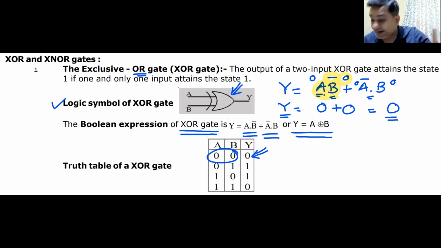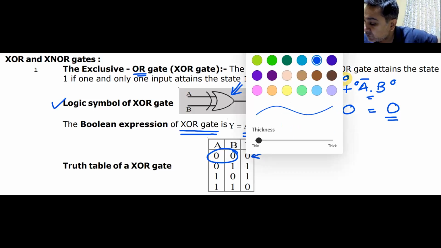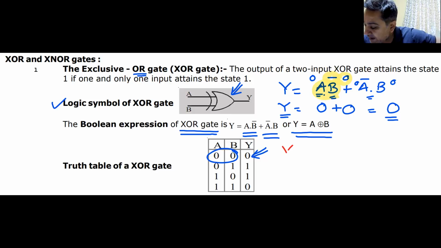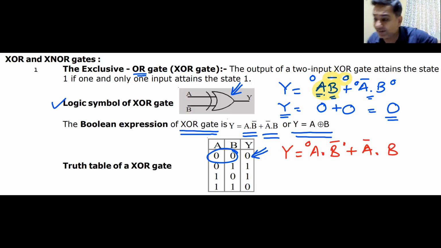Now let us see what happens if I make A as 0 and B as 1. Let me write it again: A dot B complement plus A complement dot B. Now I put A as 0 and B as 1.